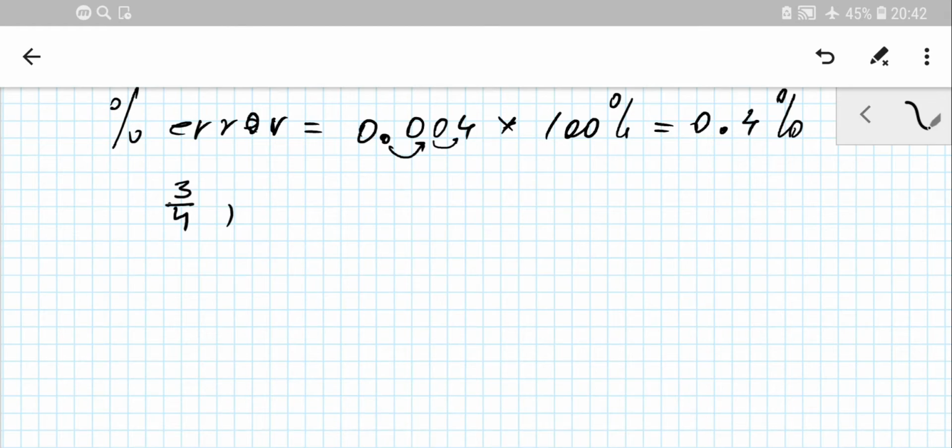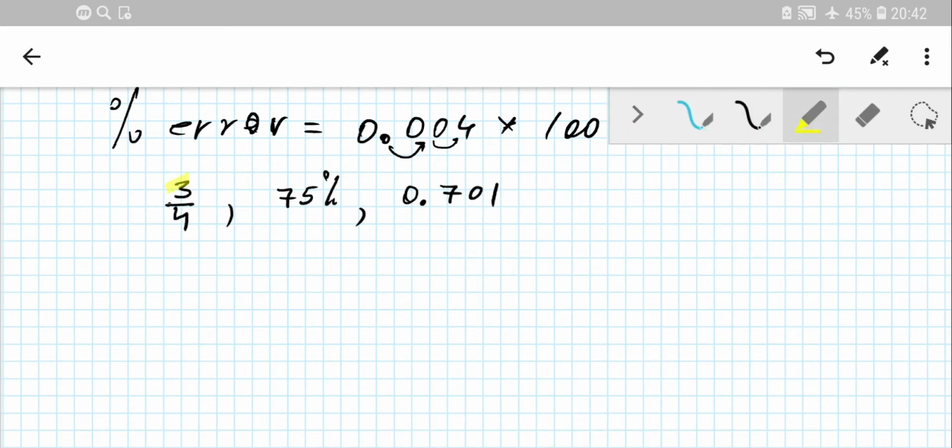Let's take 75%, right? And let's take 0.701. So which is the odd one out?